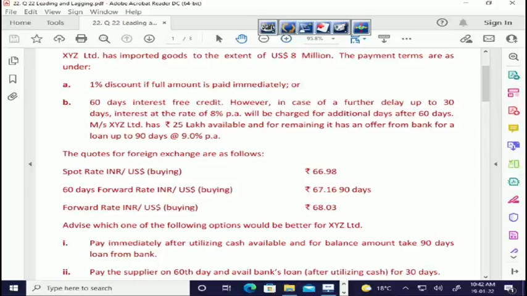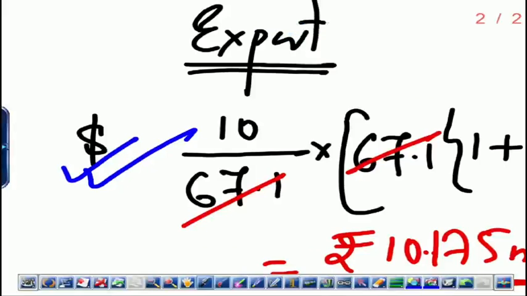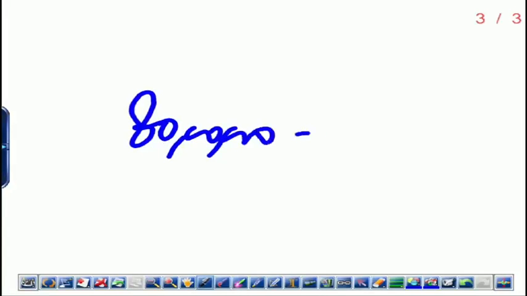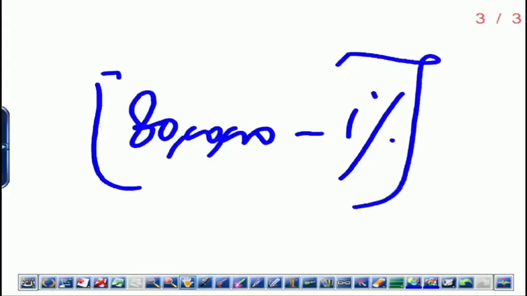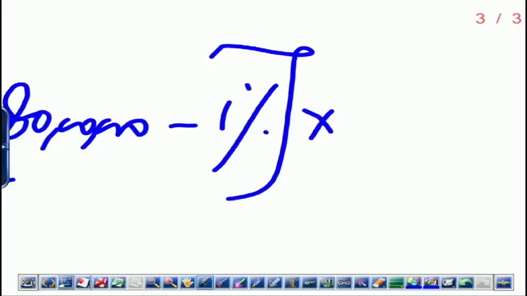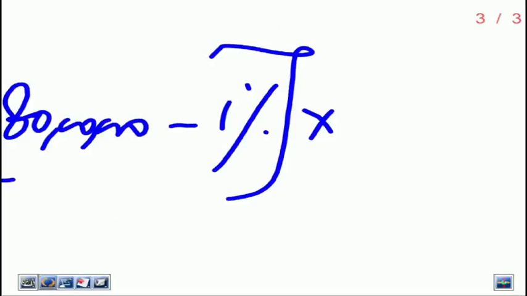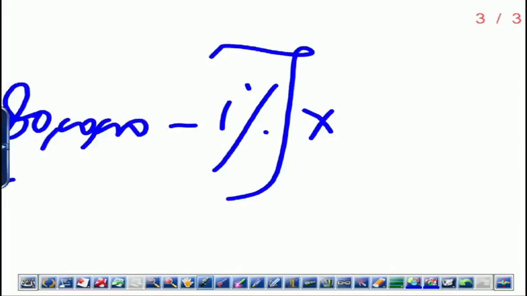We have a payable of 80 lakhs. Correct, and we are paying today, so we have to pay 1% less, and 66.98 is the spot rate. So 80 lakhs minus 1%, we have to pay today. This we have to buy at spot, at the rate of 66.98.